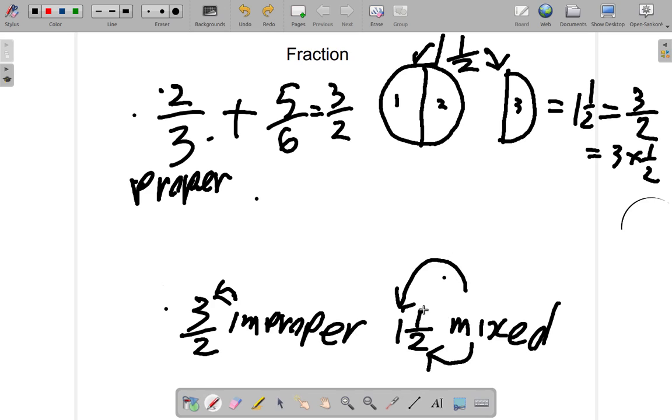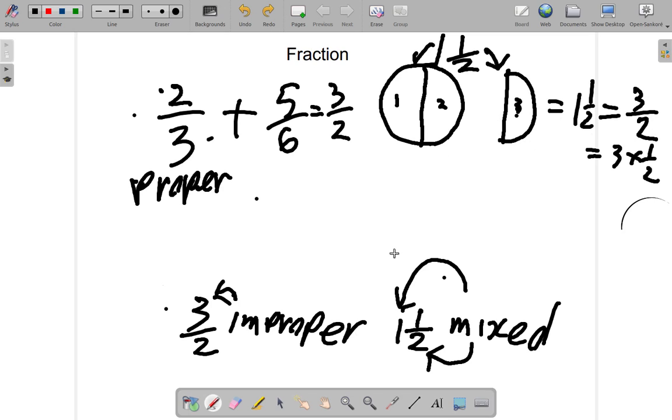And the reason why 1.5 is equal to 3 over 2 is because 1.5 means one whole circle plus half a circle, but that one whole circle has 2 halves, and that extra half a circle is one more half, so you have 3 halves, which is 3 over 2.